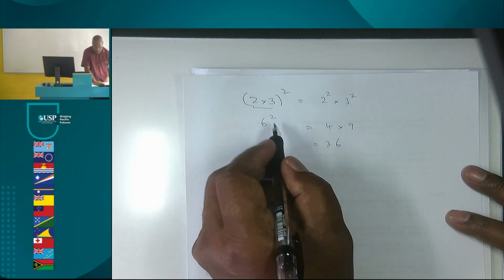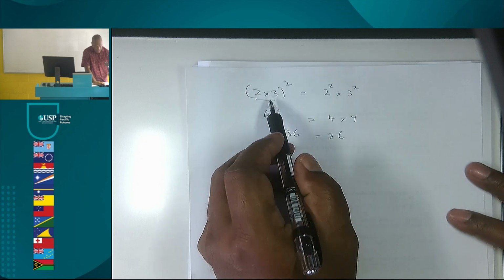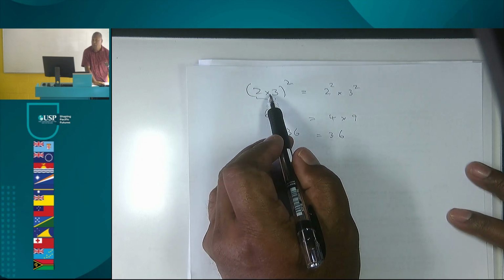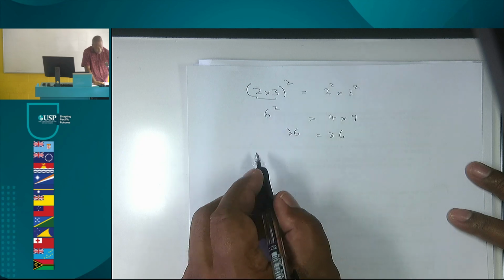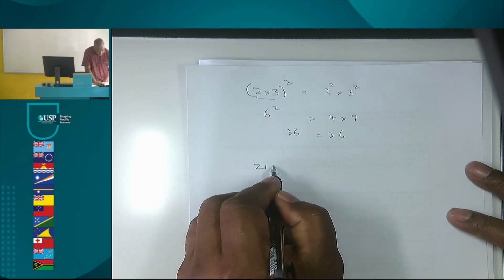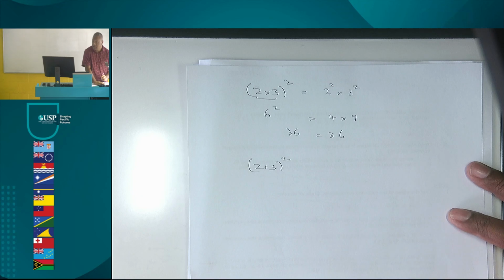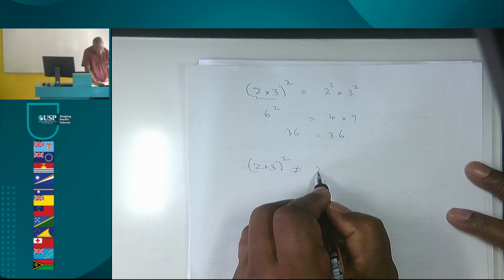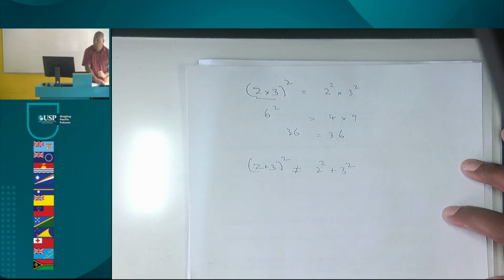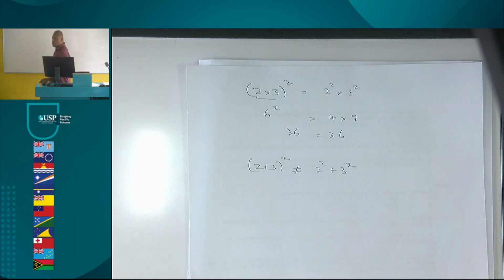6 squared. Now I said law number 4 does not work with addition or subtraction. So what I'm saying is this. This is not equal to that. Check.